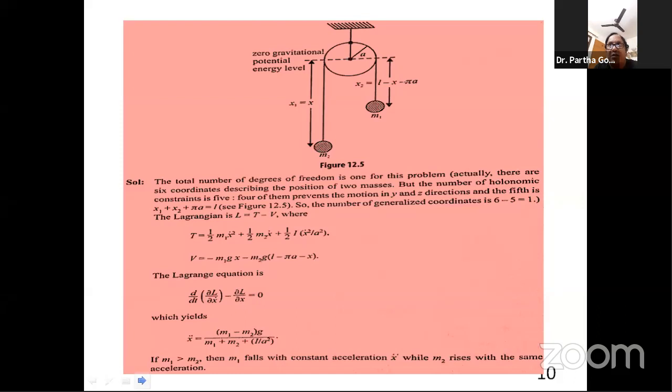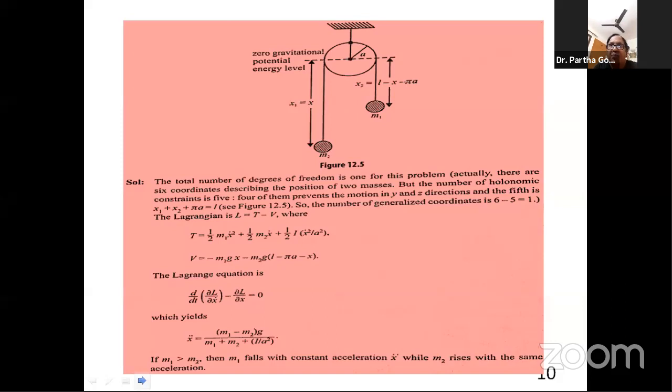3 for M1, 3 for M2, total 6, and 4 of the coordinates are redundant because we are not considering motion in y and z direction. The 5th one is because you have assumed the string inextensible, so x1 plus x2 plus pi a equals L, constant. So there are 5 restrictions, and 6 minus 5 is 1.